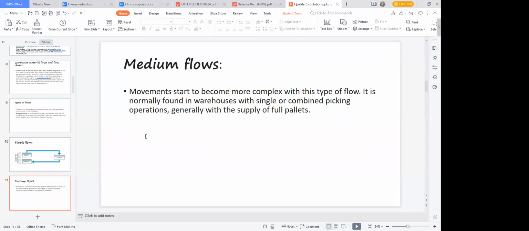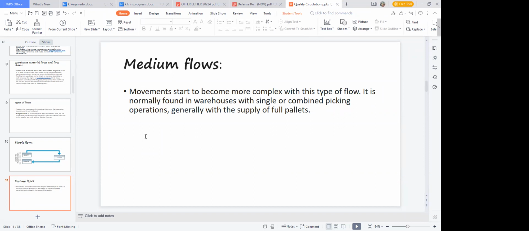Medium flows. The movement starts to become more complex when we choose this medium flow. Normally found in a warehouse with a single combined picking operation, generally with a supply of full pallets.